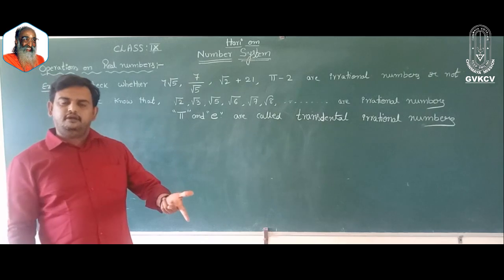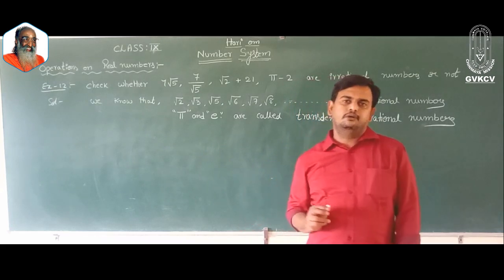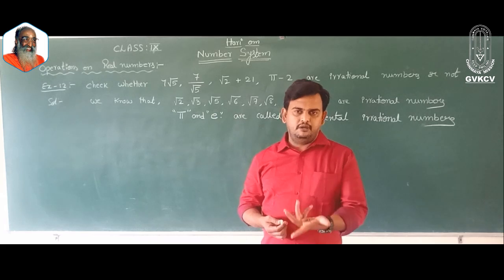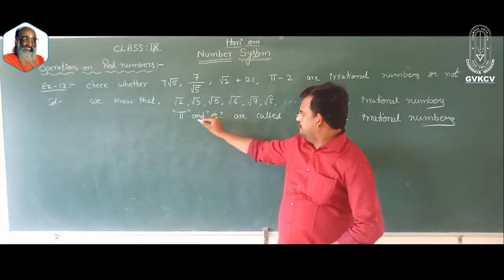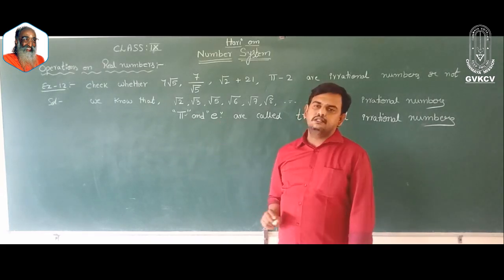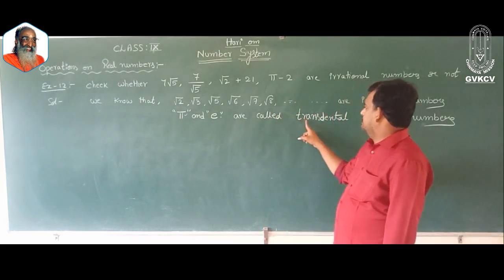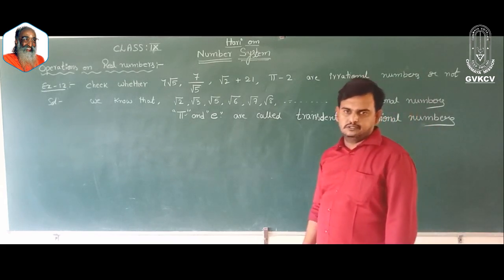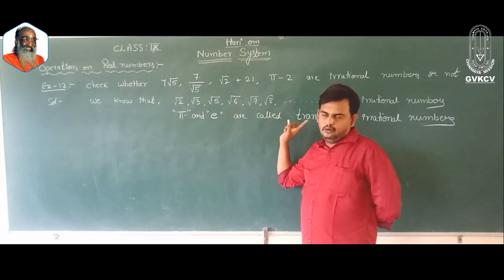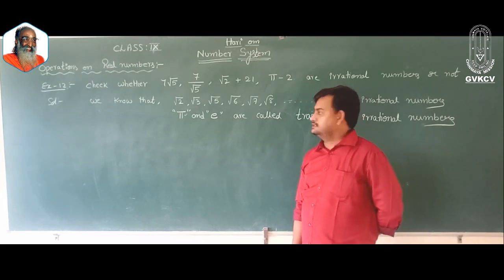These are two different types of irrational numbers. Pi, we know, is used in circles, to find the area or perimeter of a circle. Even in physics we use the value of pi. Here e is nothing but the exponential. So pi and e are called transcendental irrational numbers. Root 2, root 3, root 5, root 6, root 7, root 8 are irrational numbers, and pi and e are also irrational numbers.